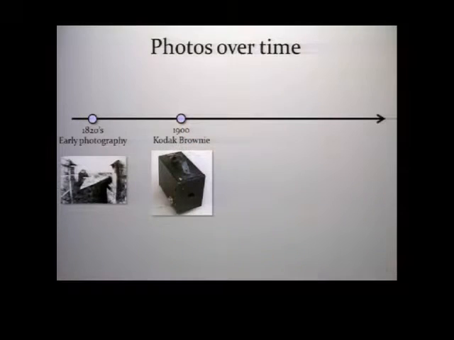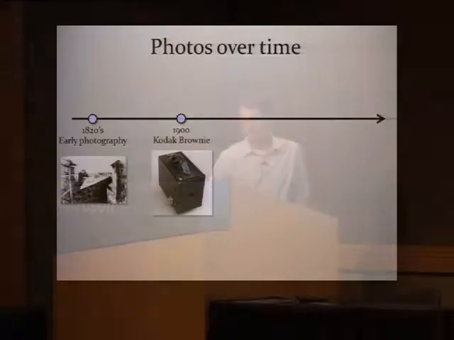Back in the 1820s, when the first photographs were being taken, taking photos was a very hard and labor-intensive process. You had to have special equipment, and you had to know what you're doing. And then, over time, film was invented in the late 1800s, George Eastman pioneering photography, and the Brownie came out, which gave photography to the masses. Very famous and popular camera that was made up into the 60s.